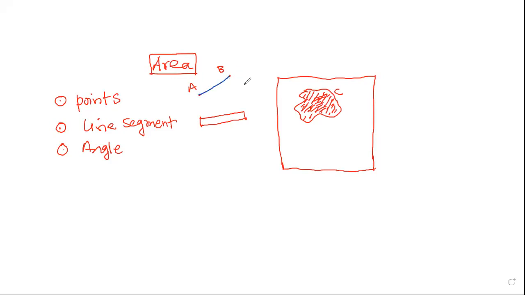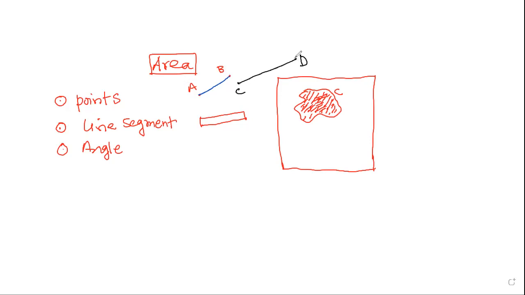Then let's say I give another line segment, CD. That time people basically did it like this. So you have line segments AB and CD.